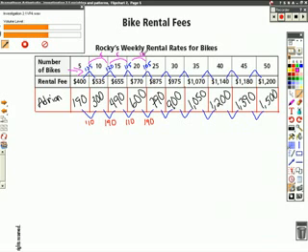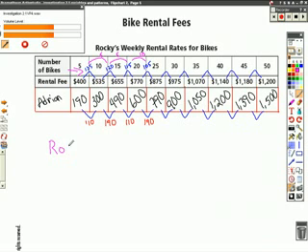I'm really looking at 135 to 120, 115, 105. Those are my real differences. And I can see that there really is no consistency there. When I break it down further, I can see that it went down by 5, went down by 5, went down by 10, and I don't know what the rest of the pattern will be. But you can see that the price is fluctuating between about $5 and $10 from each one.